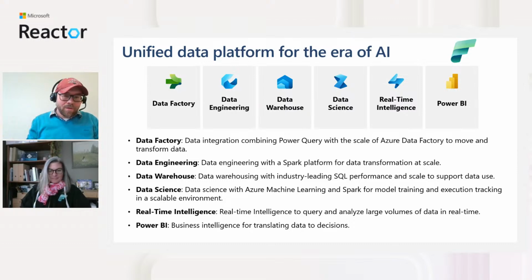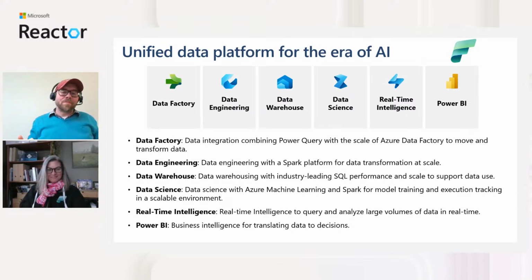Then there is data warehousing. I think we will cover data warehousing a little bit later, but what you can do is put data in the data warehouse for analytics. For sure, there's the data science part, where you can do data science on your data within Python, for example, within notebooks. A thing which I am very interested in is real-time intelligence.